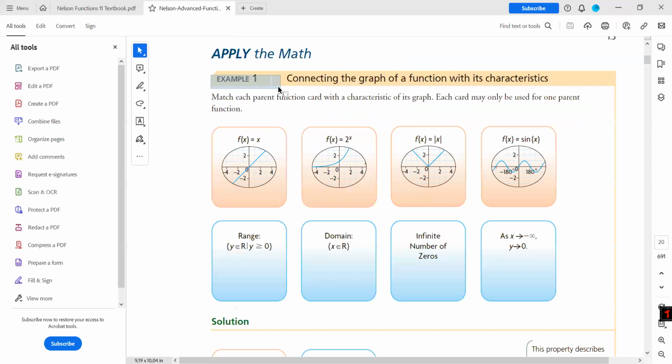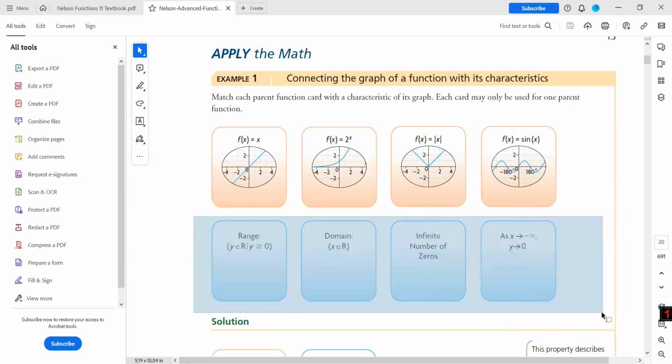Let's look at example number 1, just to clarify that you understand the main criteria of functions. Match each parent function card with a characteristic of its graph. Each card may only be used for one parent function. We have f of x equals x, f of x equals 2 to the power x, f of x equals modulus x, and f of x equals sine x.